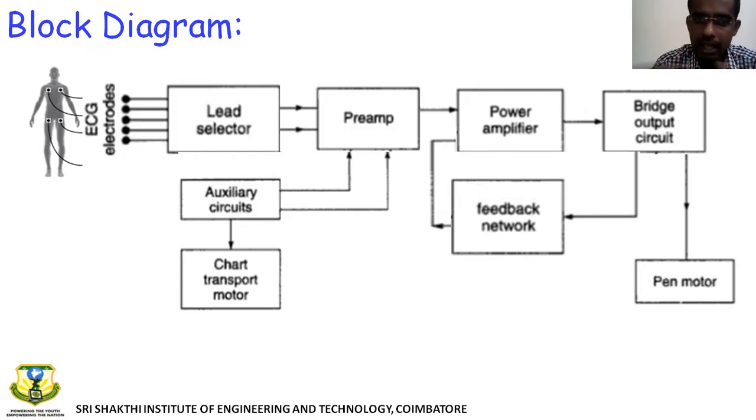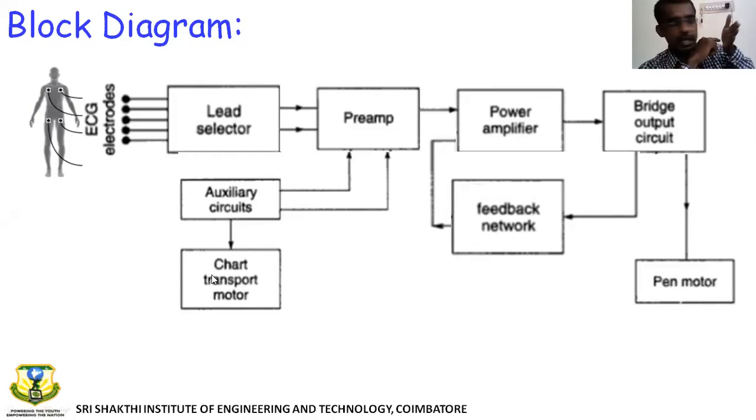So the chart drive motor is separately given and the pen motor is separately given. To drive the chart motor, there is something called auxiliary circuits. Auxiliary is a familiar word to you; it means extra, miscellaneous, something like that. The auxiliary circuits do many jobs here. One of them is that it takes care of the chart transport motor.